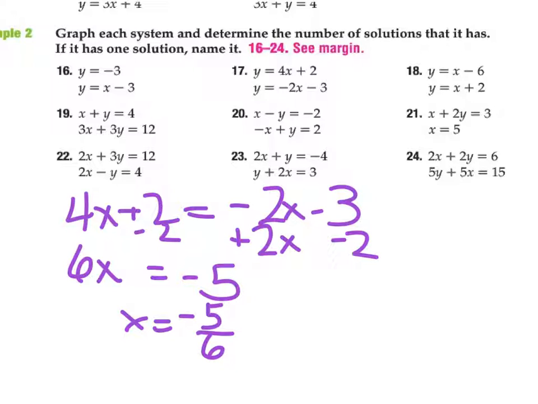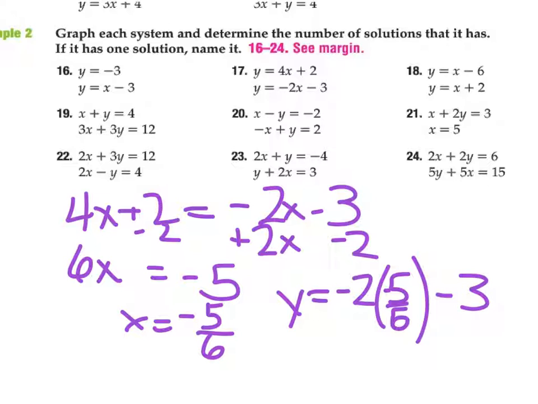And I think I'm going to use the bottom equation. So I'll have y equals negative 2 times negative 5/6 minus 3.